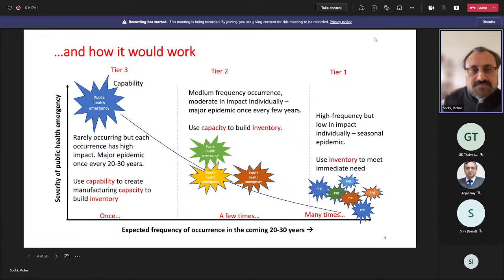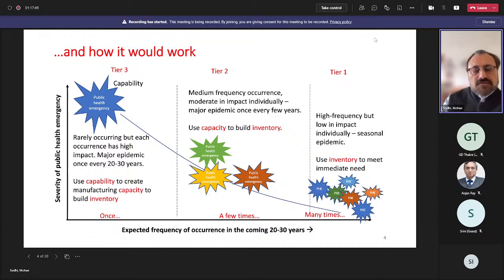In some years, if we are talking about a 3-decade horizon, as many pharma companies do when they talk about pandemics, because we expect there would be a major pandemic every 30 years or so, for large epidemics where inventory is not enough, we would use capacity after the inventory has been used up. We would use capacity to make that inventory.